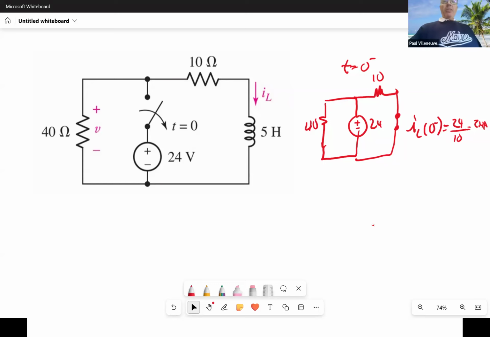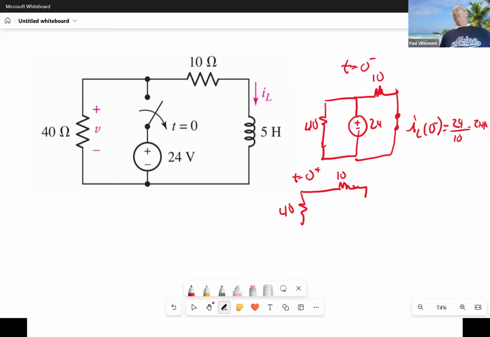Now, because I'm looking for voltage, I need to solve for my zero plus circuit. And my zero plus circuit now has that power supply out of the circuit, but that has been replaced by a current source, isn't it? And the magnitude of the value of the current source is 2.4. What's the direction of current?